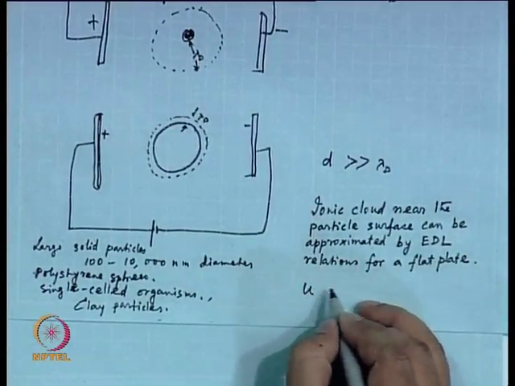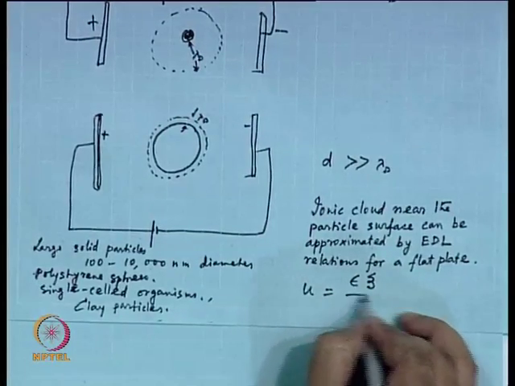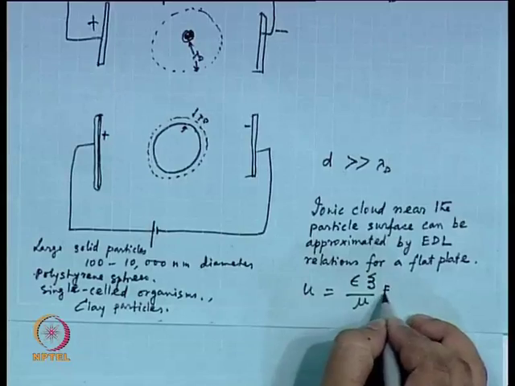And then in that case u would be equal to epsilon zeta by mu into E.